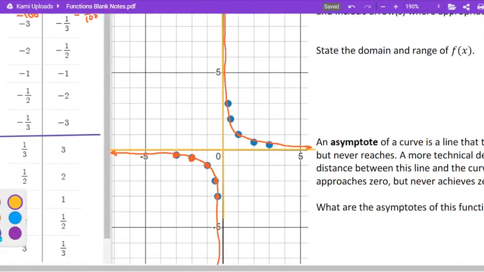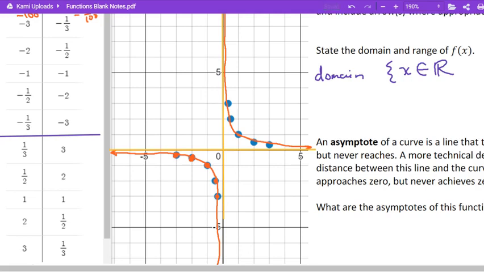And so because the function is never there, it never exists on either of those axes, this is how we write the domain. We say, this function exists on the entire x-axis except where?